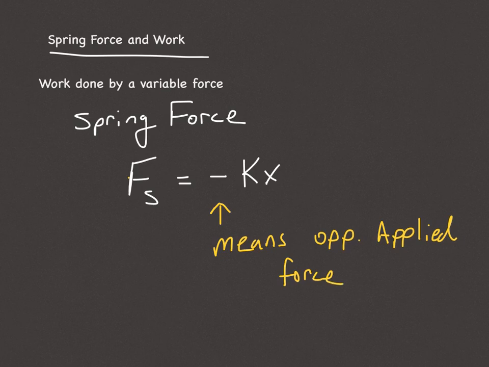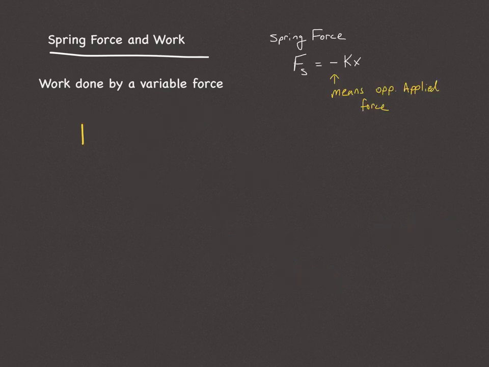It only means that it's acting opposite the applied force. If I apply a force to stretch a spring out to the right, the spring will exert its force to the left. K is the spring constant.